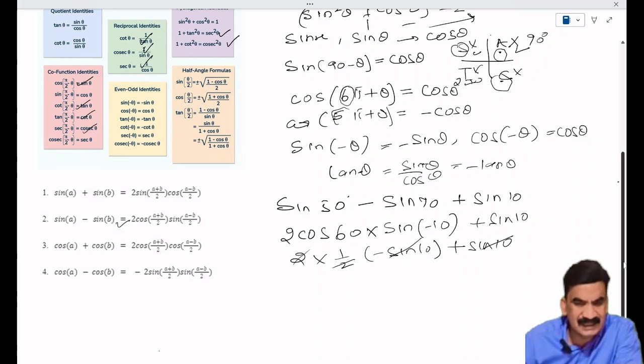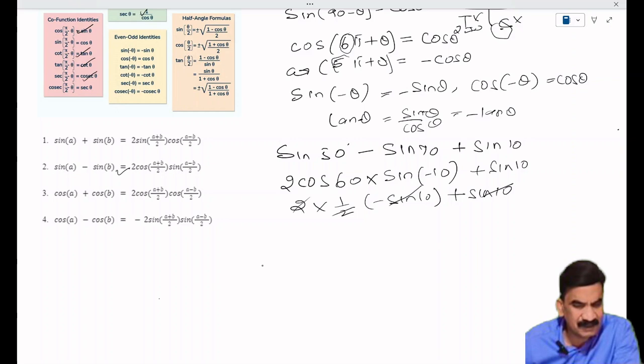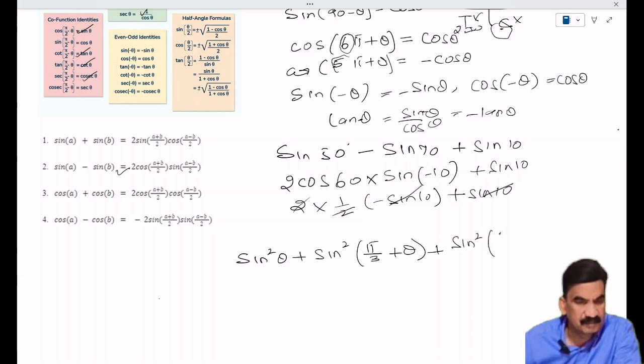Let's take one more example. Suppose somebody says that there is this expression: sine squared theta plus sine squared of (pi by 3 plus theta) plus sine squared of (pi by 3 minus theta), right?